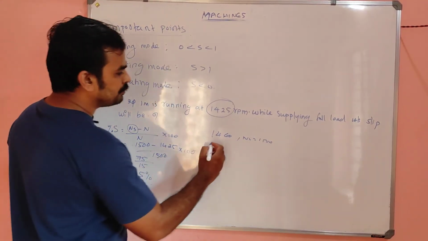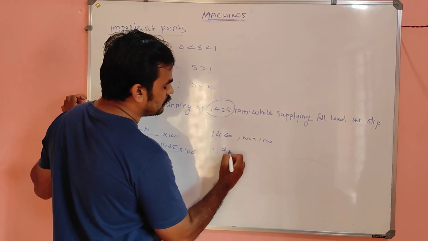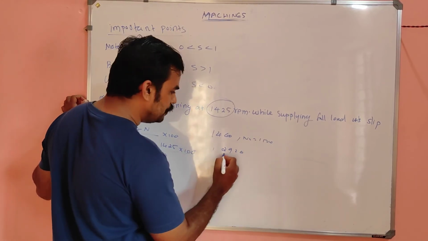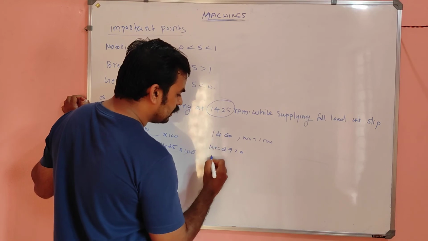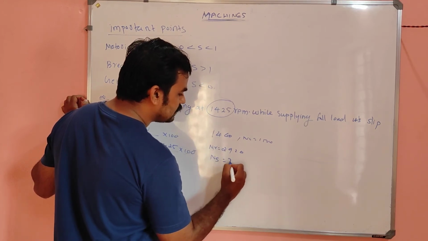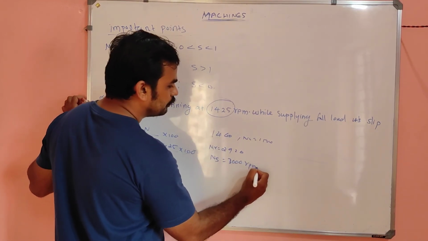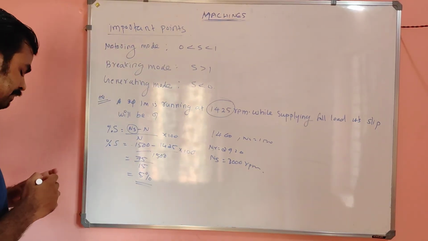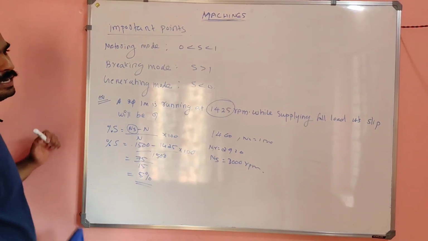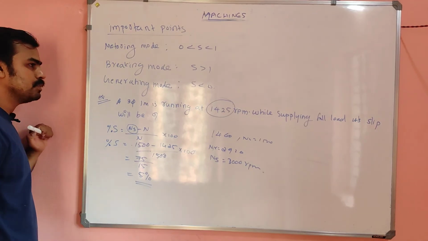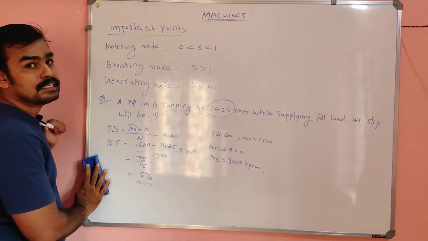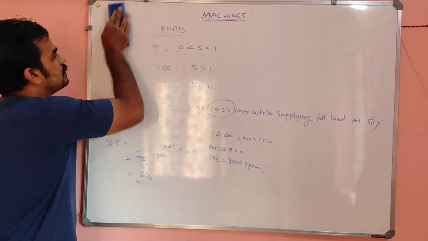Suppose you have Nr of 2920 rpm, then you have to take Ns as 3000 rpm. Like that you have to take. If the data is not given, you have to assume a suitable value. That's the importance of this question. Did you get the answer?